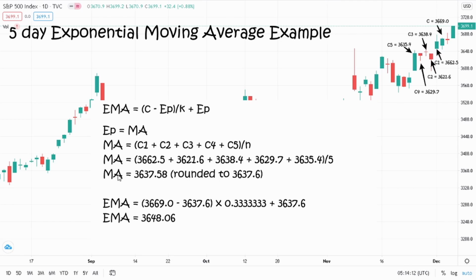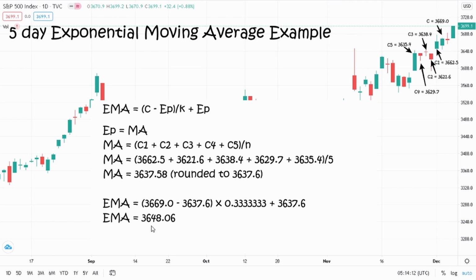And that will be the replacement for the previous period's exponential moving average. If we calculate that into the equation, which again is the closing price minus the previous period's exponential moving average, which we're going to use as the moving average, then times it by K, which if you remember from the previous example is 0.33 repeater, and then add the previous period's exponential moving average, which again will be the moving average.